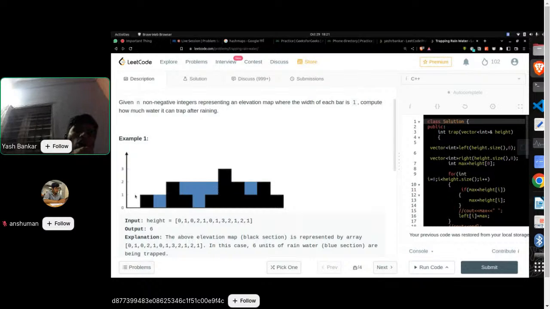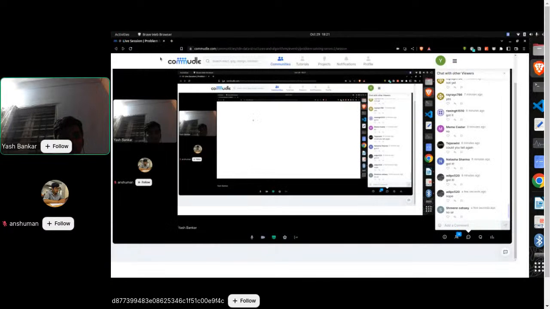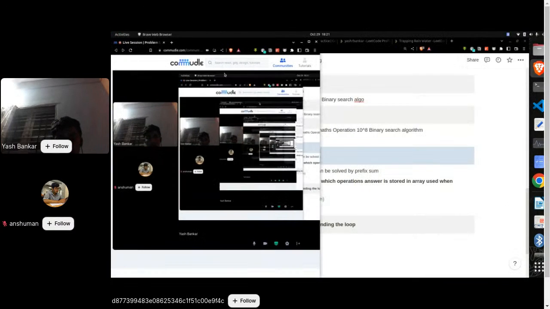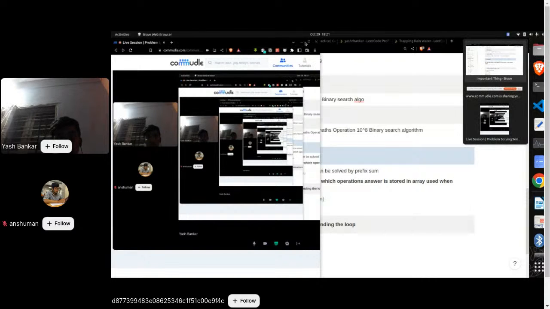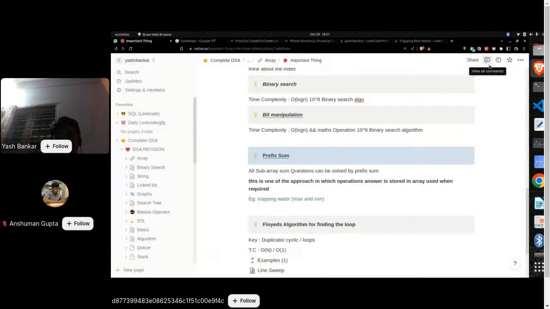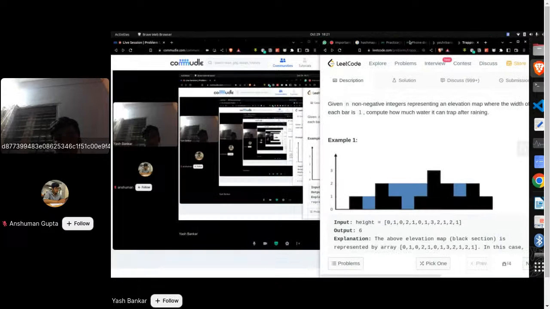How will you find how much water can be stored between these stones? Okay.